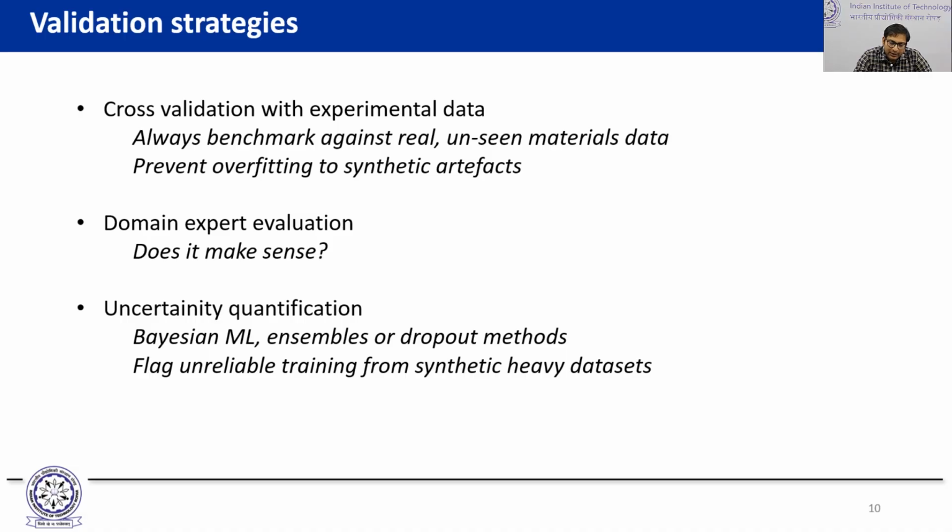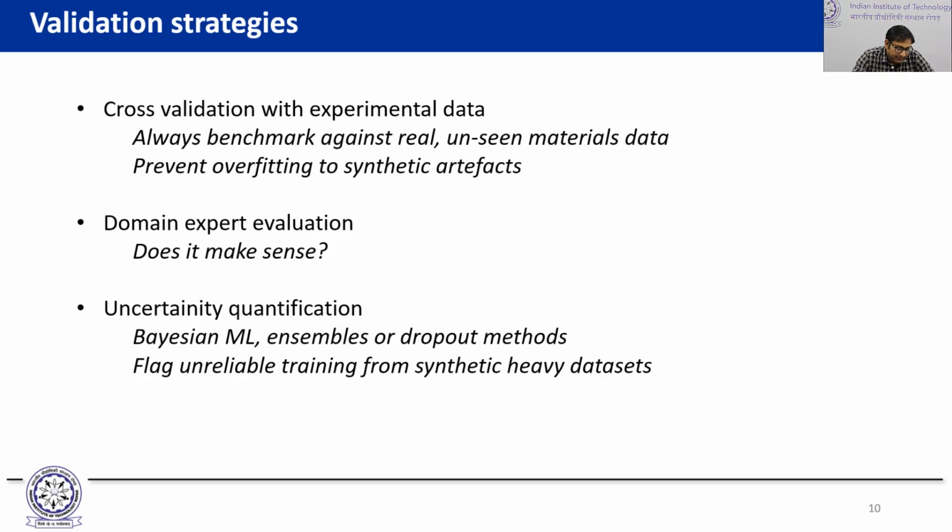So the idea over here is you have your sparse data, you are then adding synthetic data to it. Now you have a larger data set and you are training your model on it. When you develop a model like that, you must validate it with unseen experimental data. That's always going to be a good way of checking whether you have got synthetic artifacts in your data or whether your data set was robust.